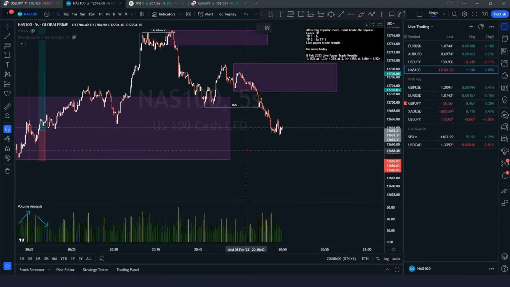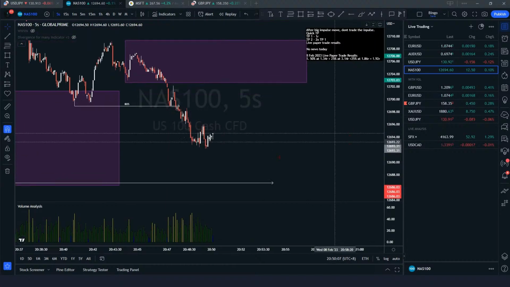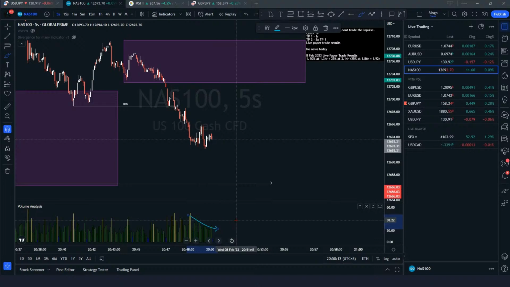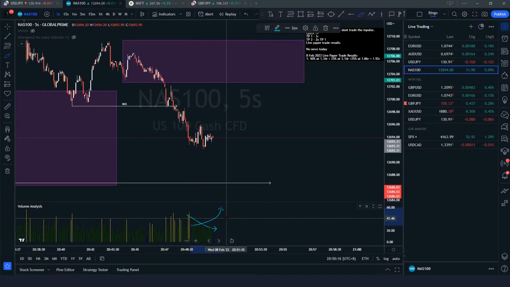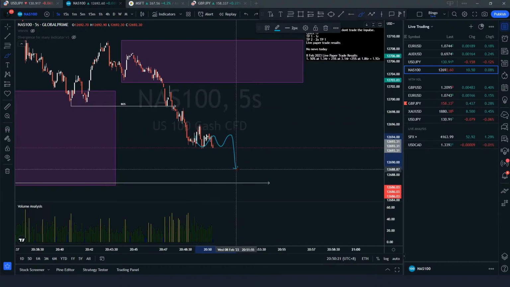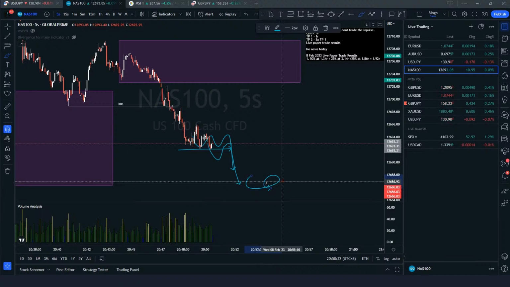So we are probably going lower to take out the liquidity over here. We have volume. Let's see. Volume isn't that great on the down move. So we want to see volume picking up. But over here, we could see a break from here. If there's a solid break over here, we can wait for confirmation to take out these lows.